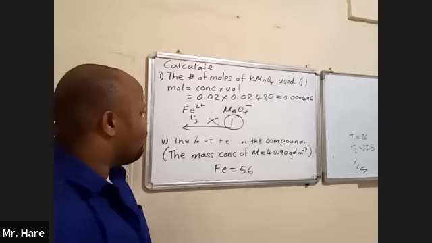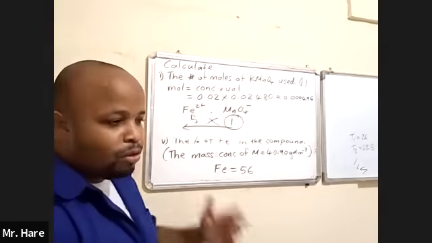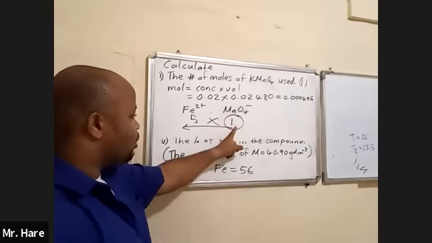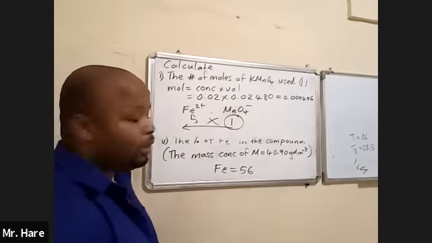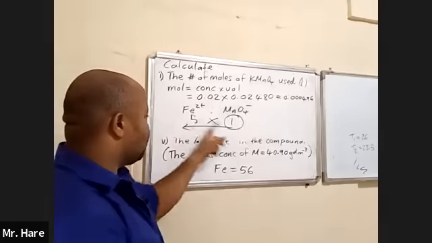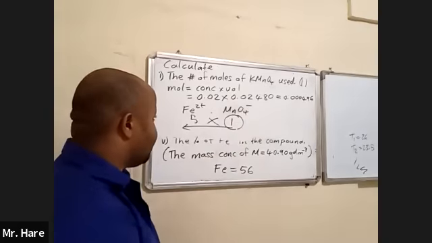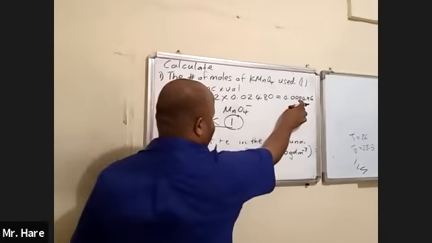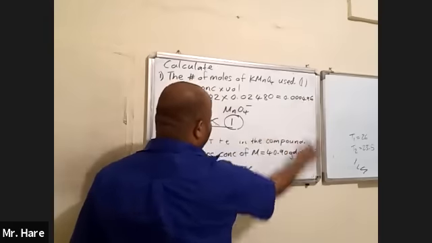And if I want to remember, when it comes to mole ratio, if you are going from a smaller number to a larger one, you multiply. And from the larger one to the smaller one, you divide. So to get the moles of iron, we multiply by 5.